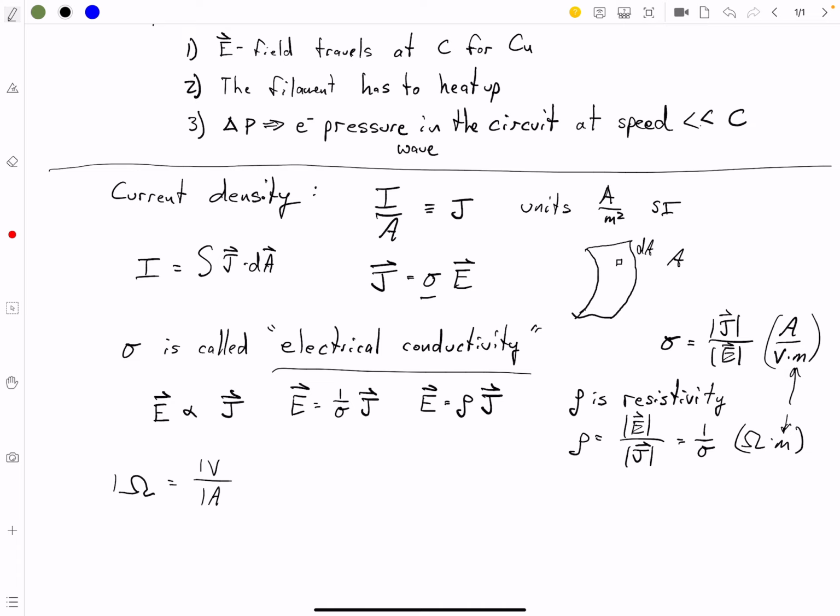And that means that the conductivity then is the inverse of it. So it's an ohm inverse meter for conductivity. Okay, so let's move on.